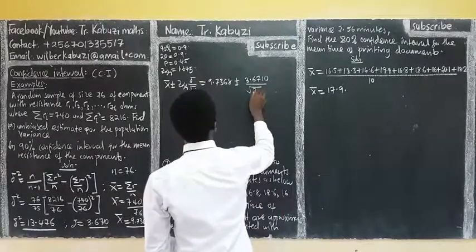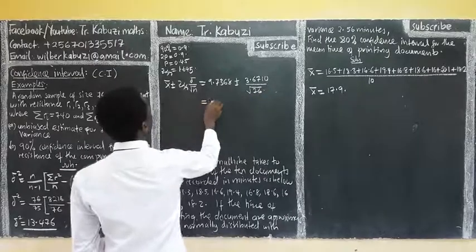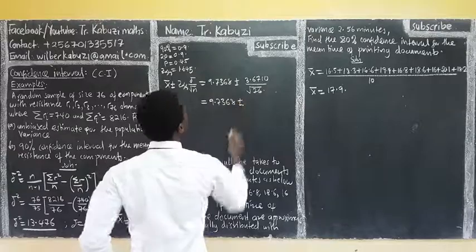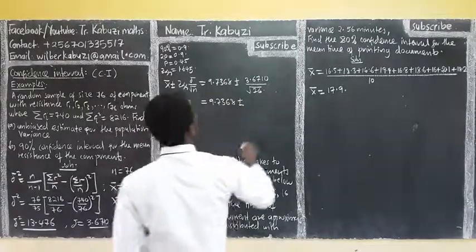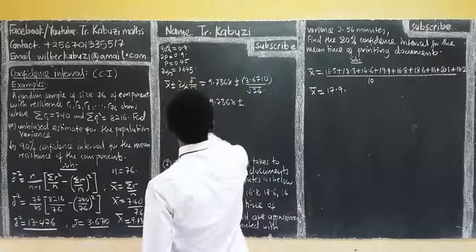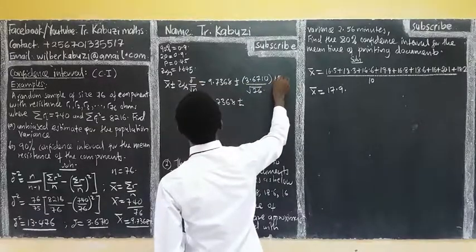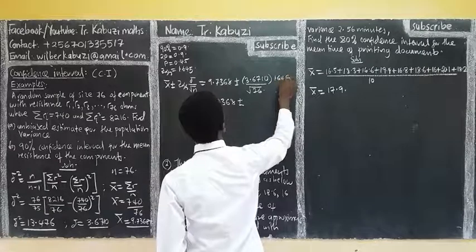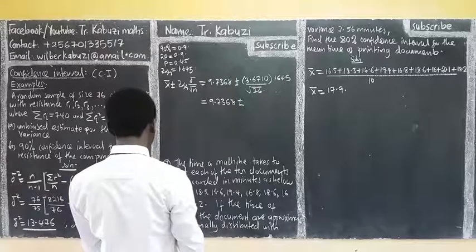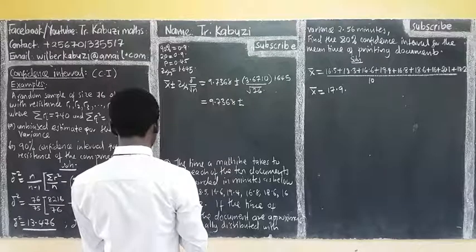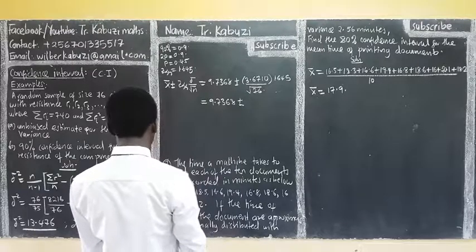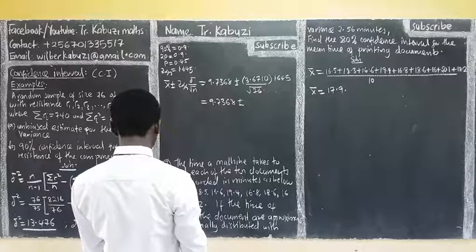Our n was 76. Remember, we are multiplying this with our z alpha over 2, 1.645. So what we get is 3.671 times 1.645 divided by root 76.